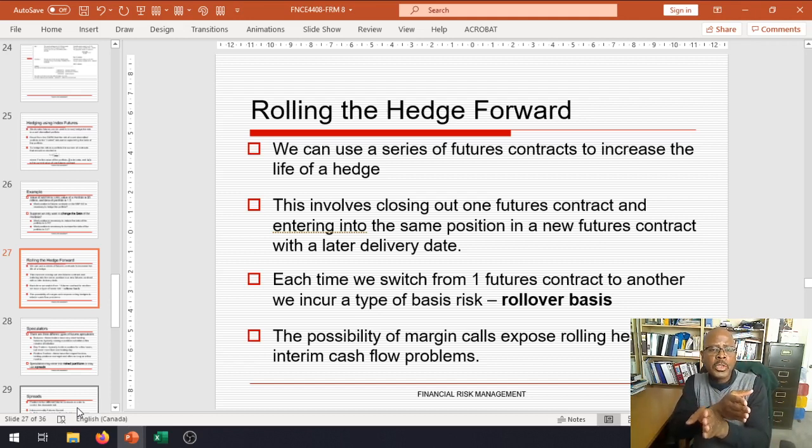So if your spot position will mature in November, you take the closest thing after November. Say you take a December futures contract. Now, there are times, of course, when you cannot do this.